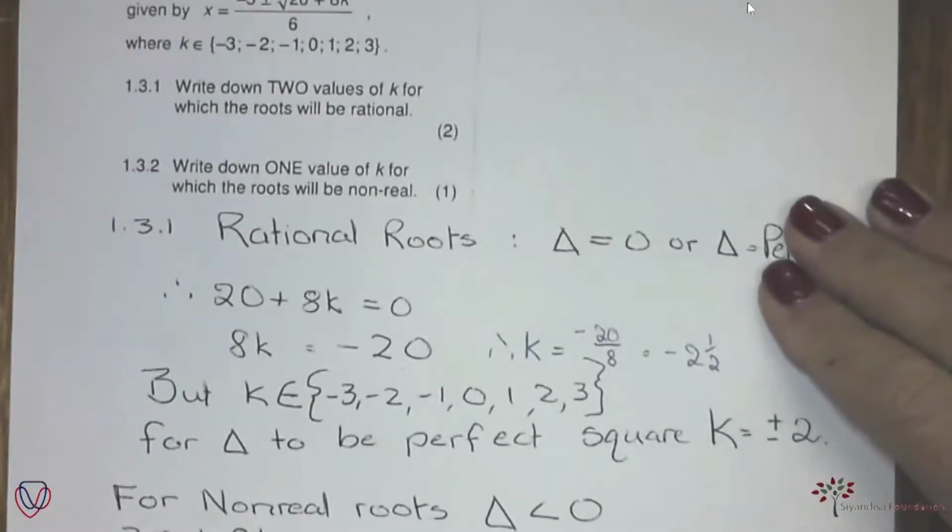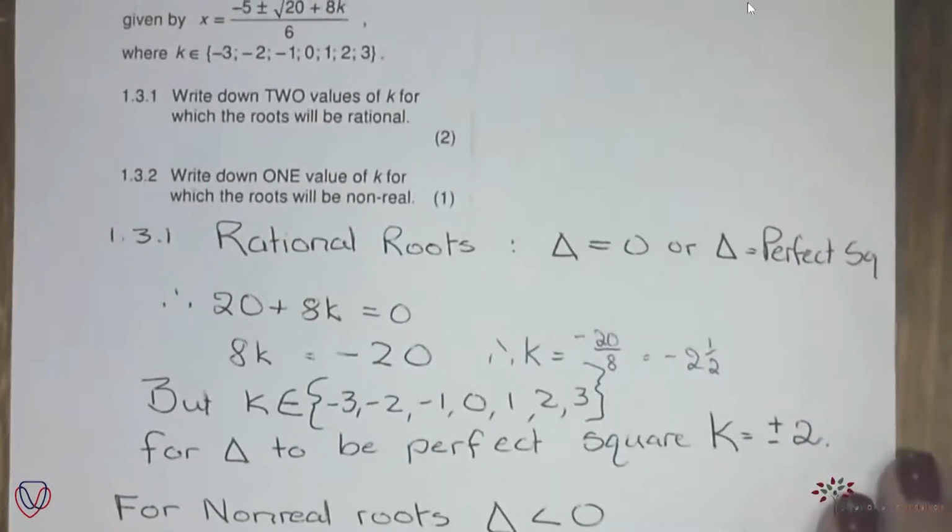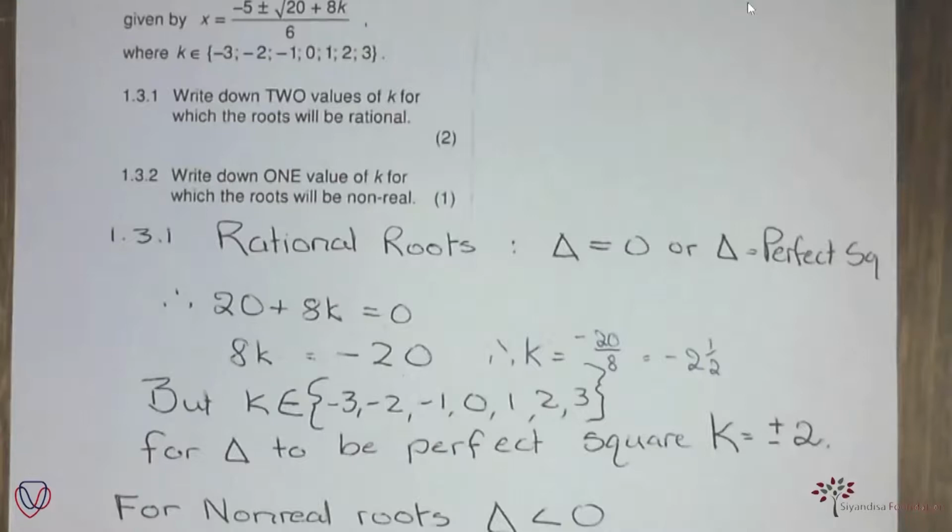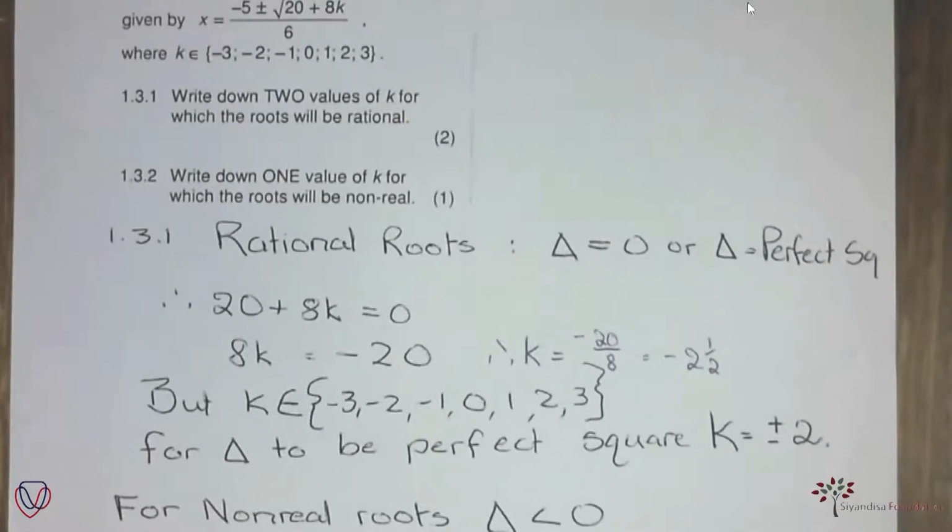Right. And there we have, so if we want to solve the k here, we can also say k is negative 3. Round this number up. Let's see whether it's possible. They said k must be smaller than negative 2.5 for non-real roots.